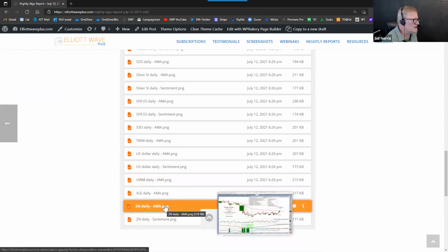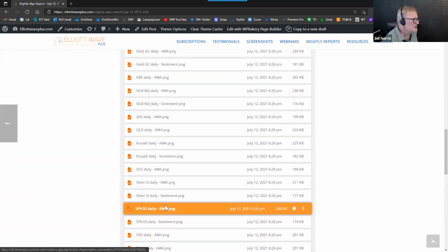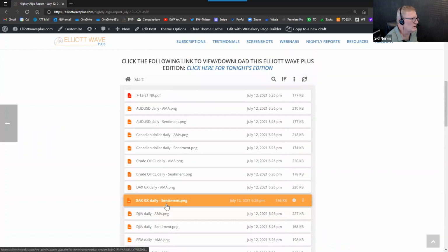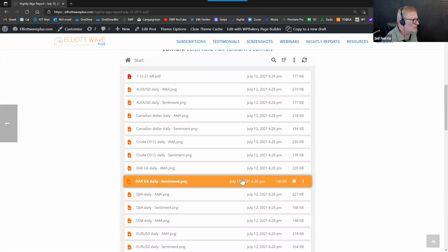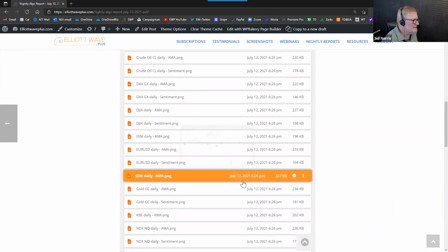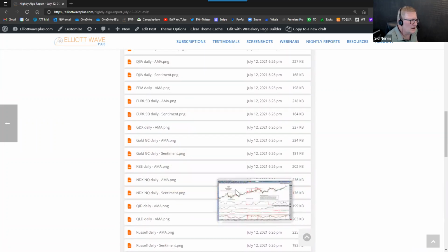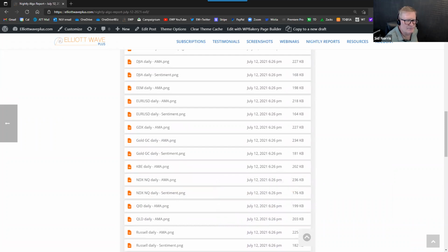Bonds, ZN contract, US dollar index, and several currencies, the euro, the Aussie, the Canadian dollar, crude oil, DAX. So there's a lot there already that I think gives a nice selection. But yeah, I could consider a few of the highest volume stocks like Apple. I've thought about that one before.